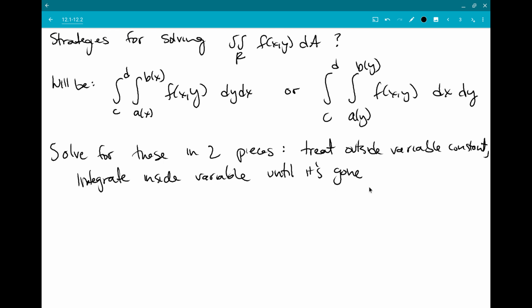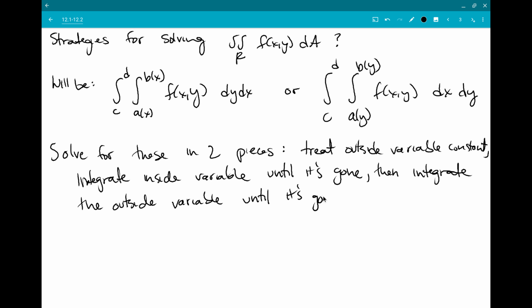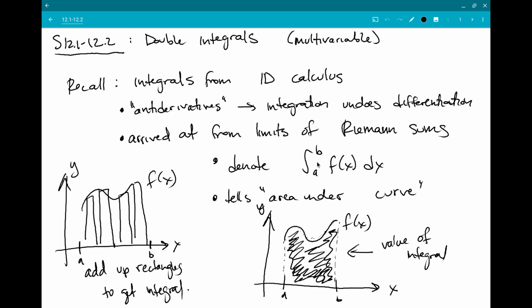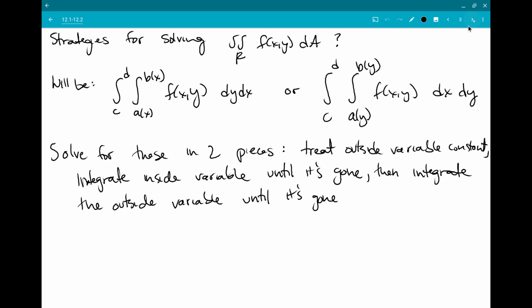Integrate the inside variable until it's gone. Then integrate the outside variable until it's gone as well. And you'll only have a number left. Whenever you had one of these definite integrals, it always ended in a number. Your x's disappeared. Same thing will happen here.